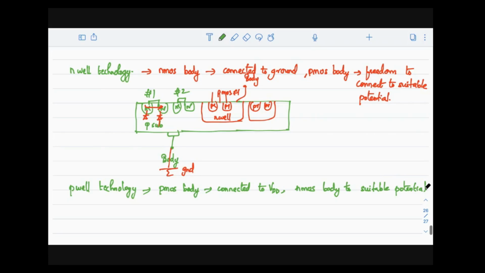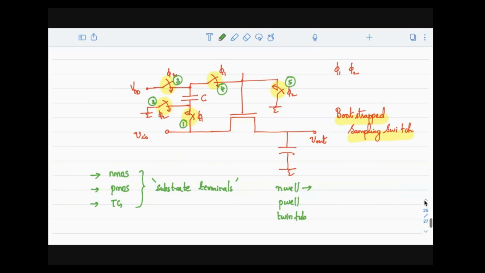So why we are discussing this is, now when we go back to this bootstrap switch, where you have 5 additional switches in order to get a linear operation of the switch, for my every choice of switch for transistors number 1 to 5, I should also see what appropriate voltage can be connected to the body terminal, right?